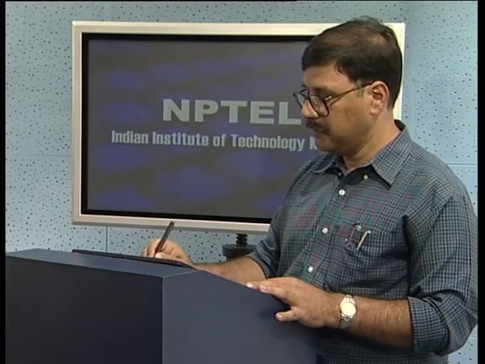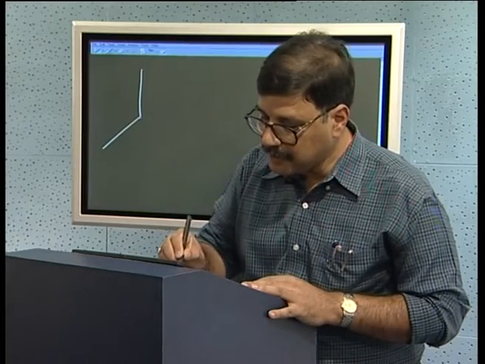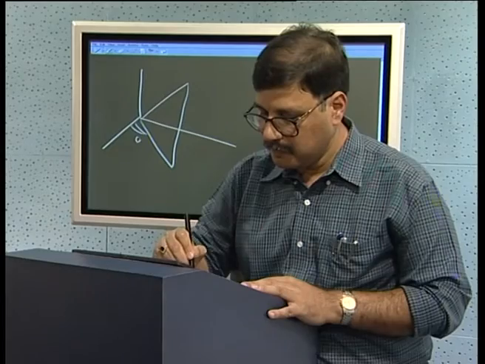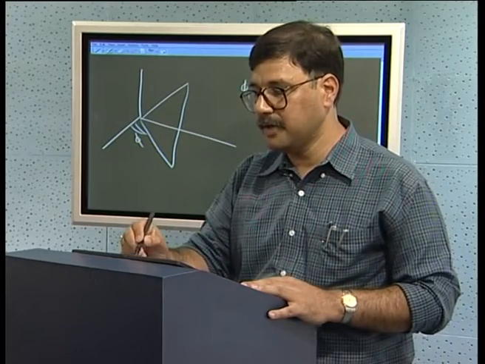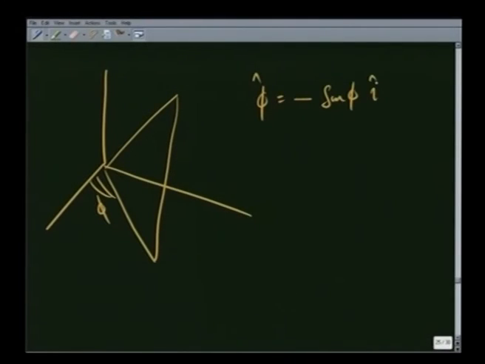Similarly, if I were to write the components of phi vector, as I told you earlier, it is confined to the xy plane, and therefore, phi unit vector is just like in planar polar coordinates, which is equal to minus sine phi i plus cosine phi j. So, I have all three unit vectors.